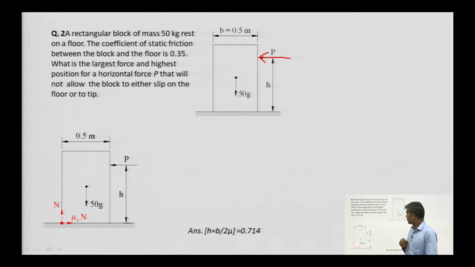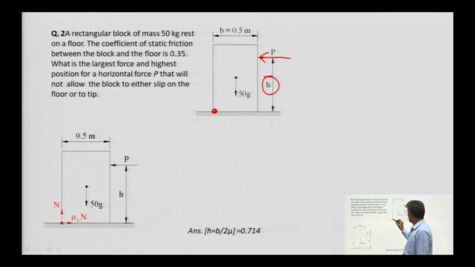We need to find the maximum value of h so that this block does not overturn at this point. Means only sliding, no overturning at this point.